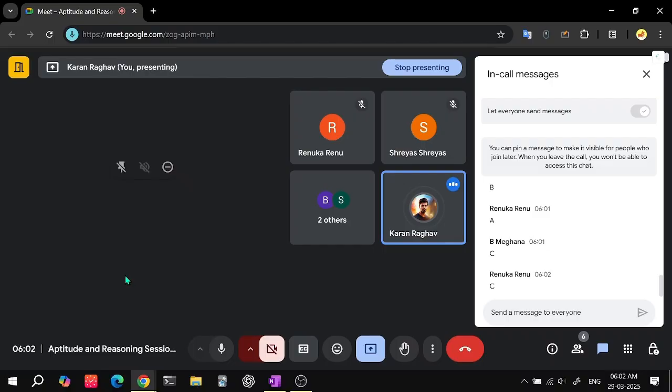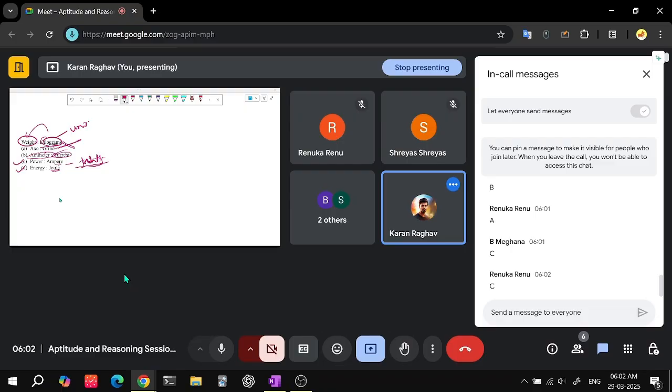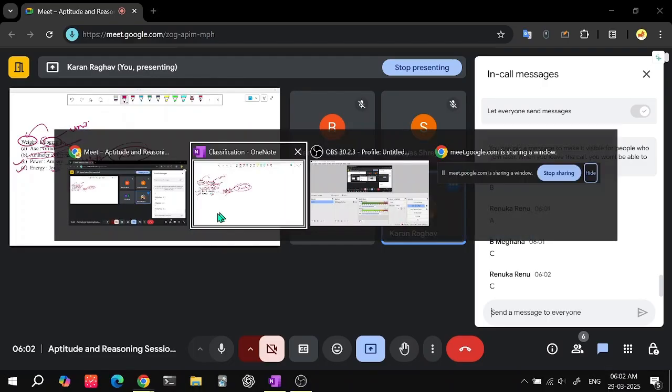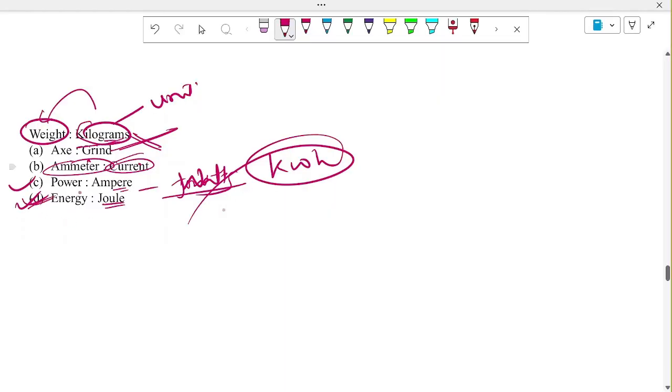We'll use watt to measure power. Kilowatt hour. You might have seen this one. You see, the actual answer is D. Okay. Here you are actually going to measure energy using joules only. That's why the answer is D.